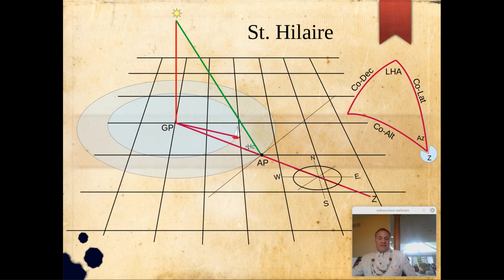We call it HC because it's going to be a calculated value. And any boat located on the circumference of this bigger circle would measure a value of HC, and 90 minus HC would be the coaltitude, and therefore would be the distance from the geographic position here to the assumed position.